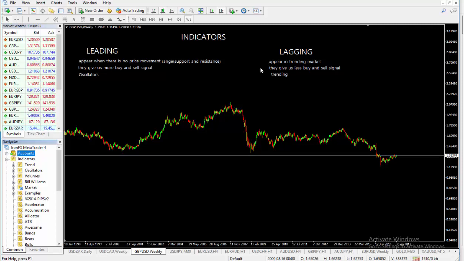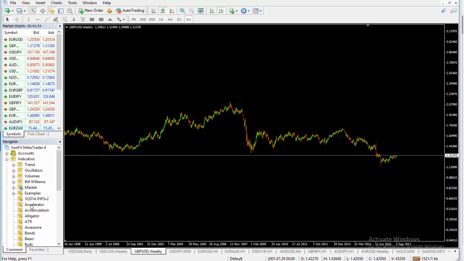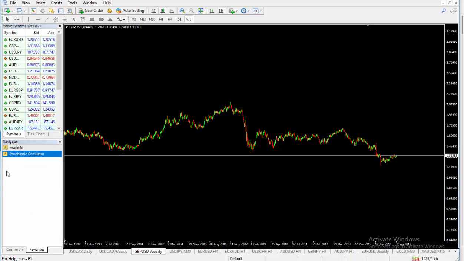The indicators I'm going to be covering today are stochastic and MACD. MACD we use for divergence, and our stochastic we usually use for buying and selling signals. Now let's go on with our lesson on identifying divergence. For divergence we use MACD, and the MACD that we prefer you guys to use is this one here.